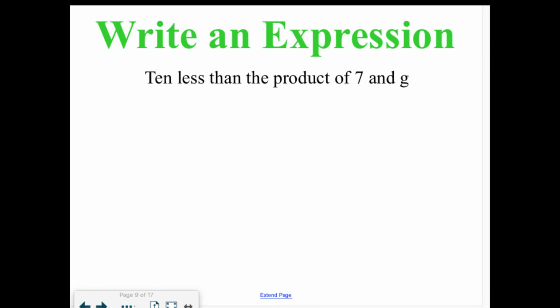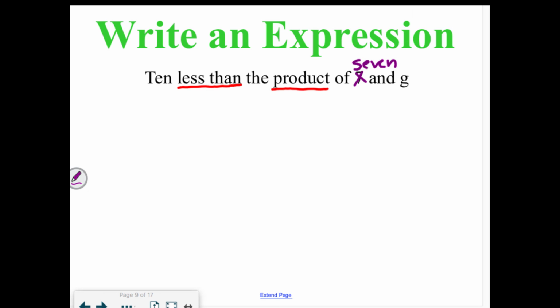The other thing that we can do is take it from a sentence and turn it into the algebraic expression. So, for example, we've got 10 less than the product of 7 and G. Keywords that we can pick out are less than, which is going to tell us subtraction, and product, which is going to tell us multiplication. One thing that you're going to notice is that there's actually a problem with the sentence that they have written. They should have written out seven instead of typing the number 7.